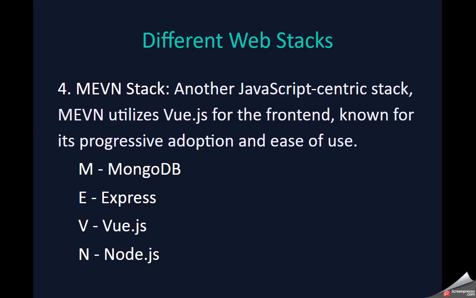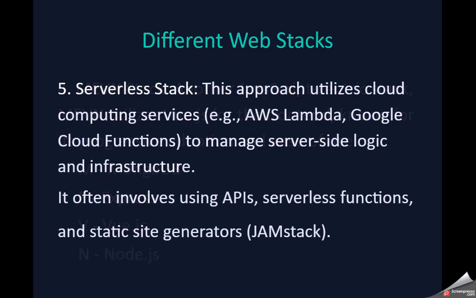Next is the MEVN stack, another JavaScript-centric stack. It utilizes Vue.js for the front end, known for its progressive adoption and ease of use. So that is MongoDB, Express.js, Vue.js, and Node.js. And lastly, we have the serverless stack.